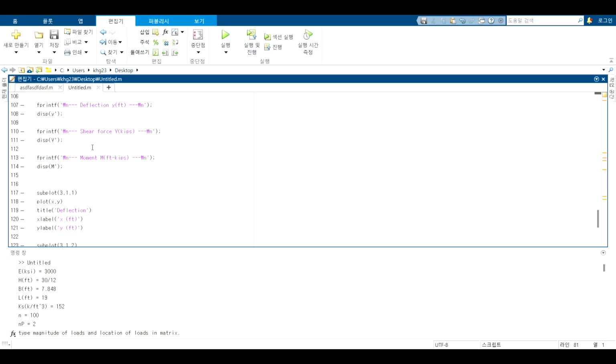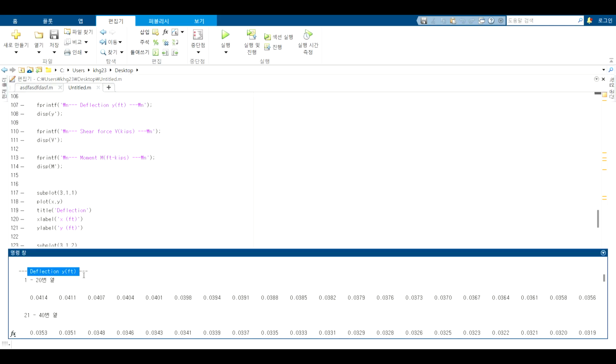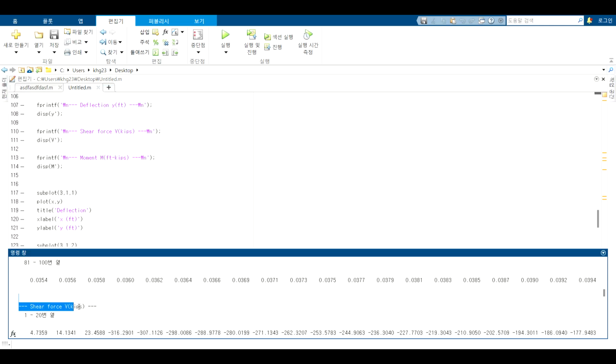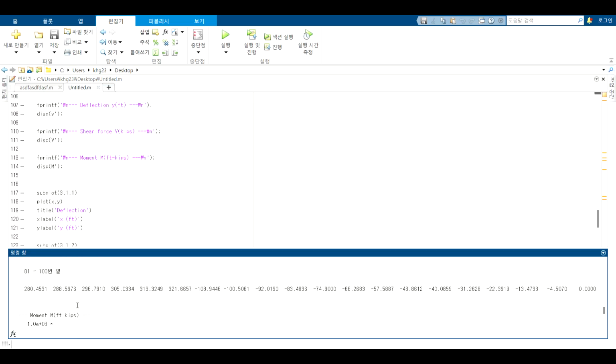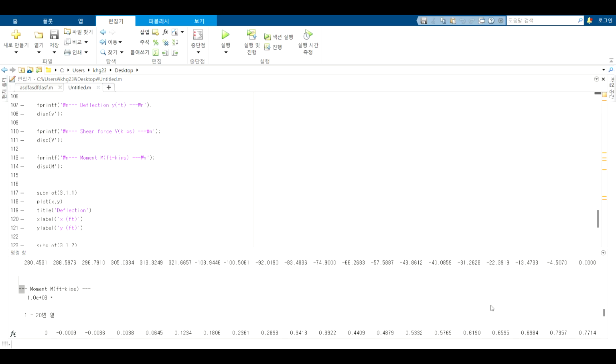Once the calculations are complete, the program displays the numerical results in the command window down here: deflection, shear force, and moment, and simultaneously plots three graphs: the deflection curve, shear force distribution, and moment diagram.